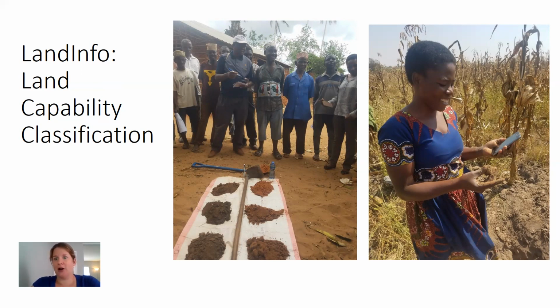And she has been trained on what kind of plants grow well in what kind of soils and what kind of conservation practices you should practice on what soils. But she doesn't have any tools to actually look at the soil. So this is a really valuable tool for these rural agricultural extension agents that don't have a lot of resources available to them.